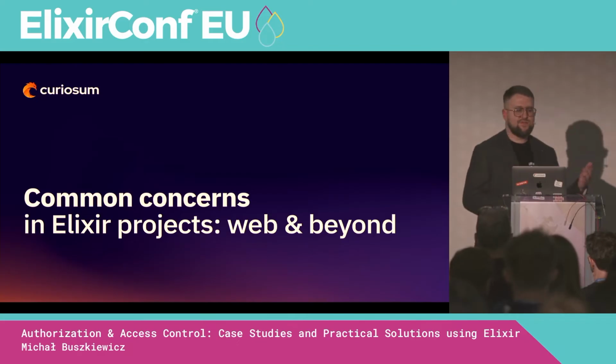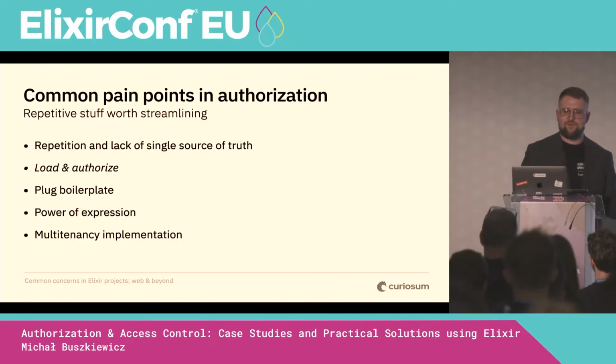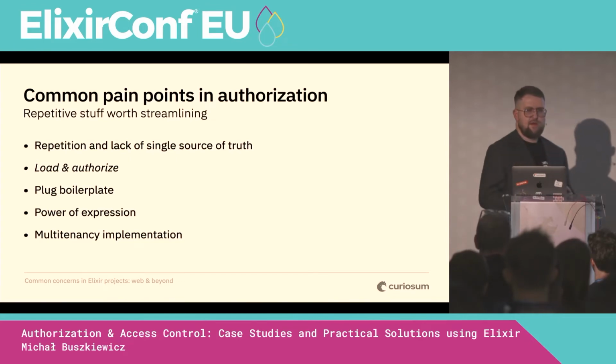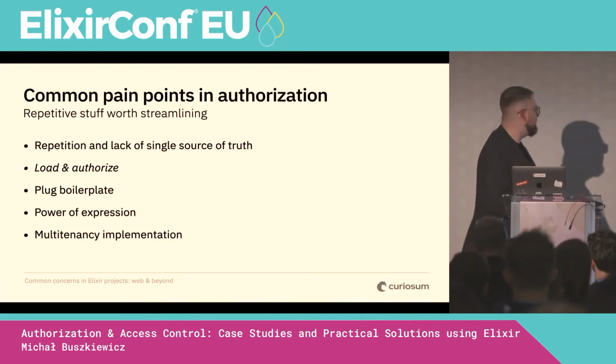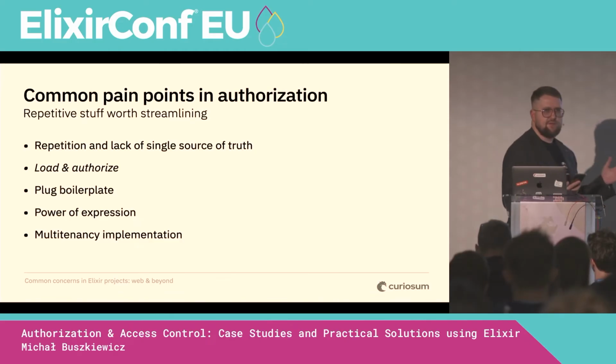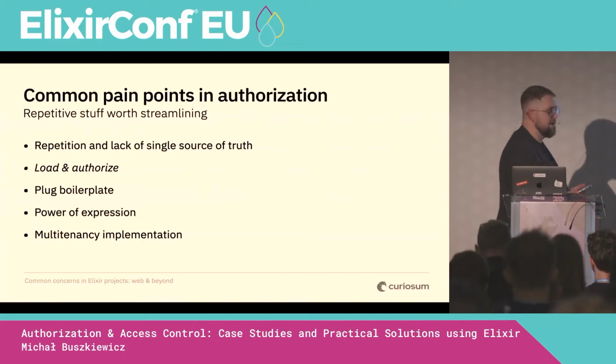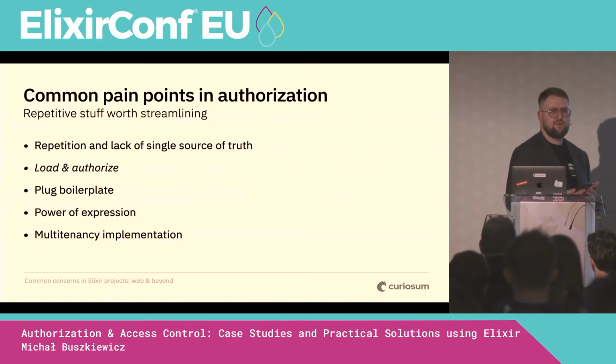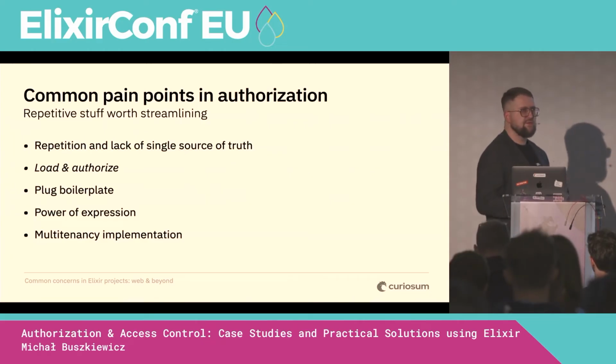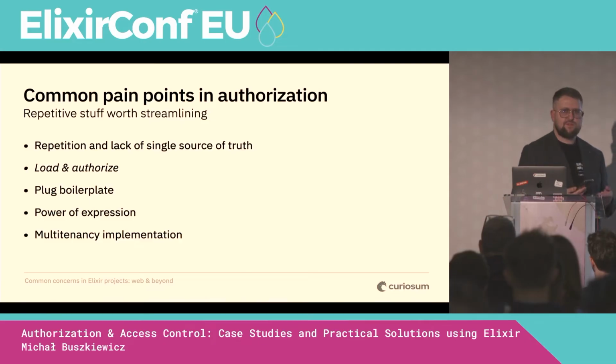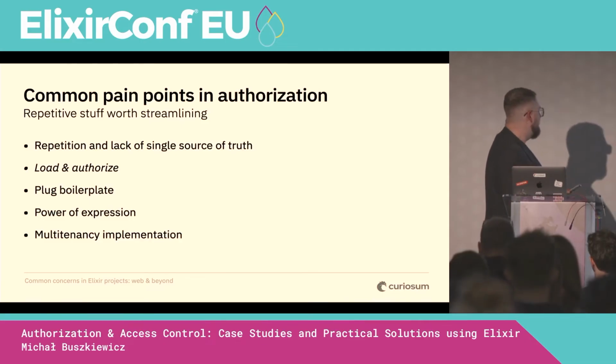So some of the common concerns we hit in Elixir projects, in web and not only web, are, first of all, the repetition and the lack of a single source of truth for what we want to do, which is especially connected to the load and authorize pattern we often use in, for example, Phoenix controllers, LiveViews, GraphQL resolvers, and this kind of stuff.